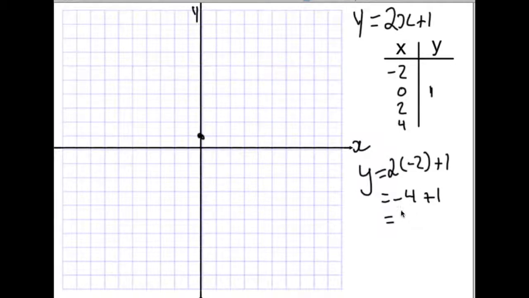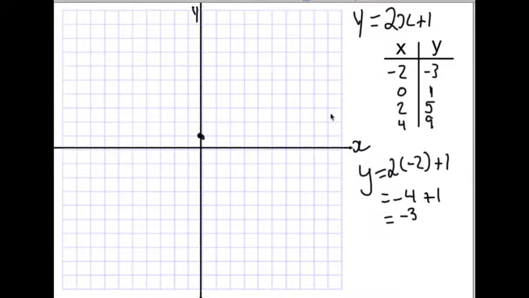So -4 plus 1 is -3. Again, I substitute a +2 in here. So 2 times 2 is 4, plus 1 is 5. So I know that when x is +2, the y value is +5. And this next one is a 4, so 2 times 4 is 8, plus 1 is 9.